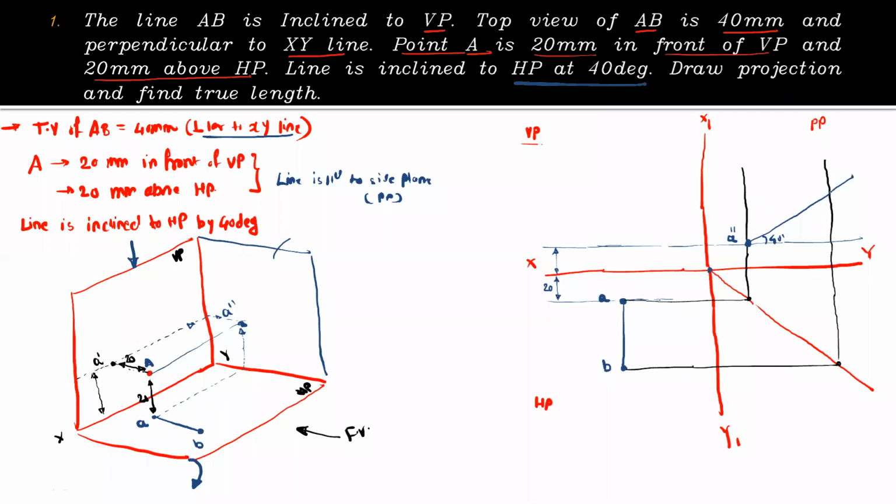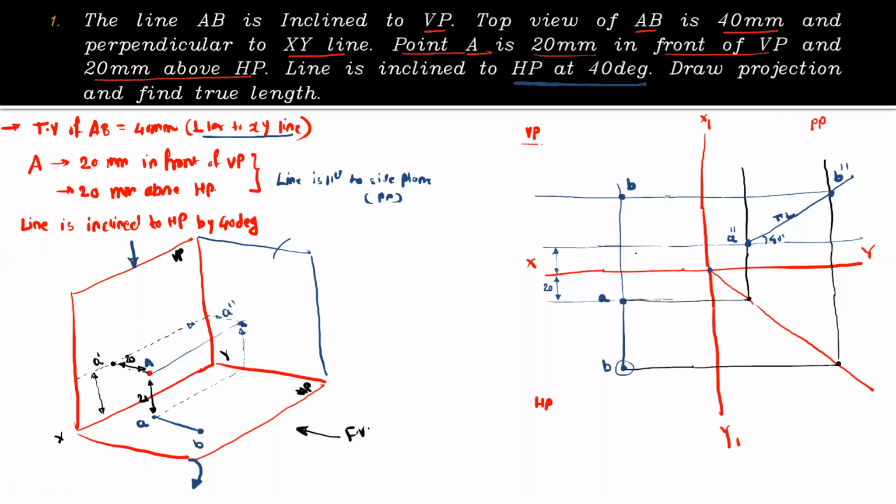And now take the projector from B double dash point. And from point A, draw the vertical projector. So this intersection is nothing but point B dash.